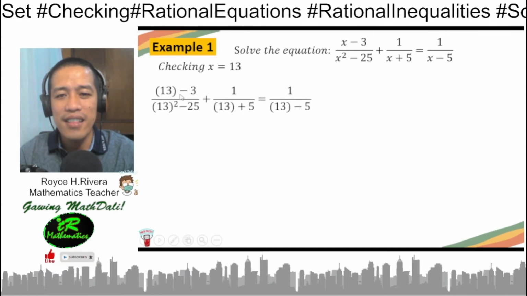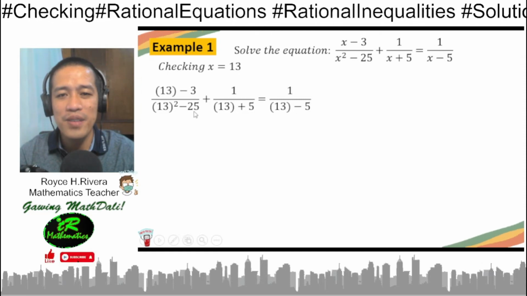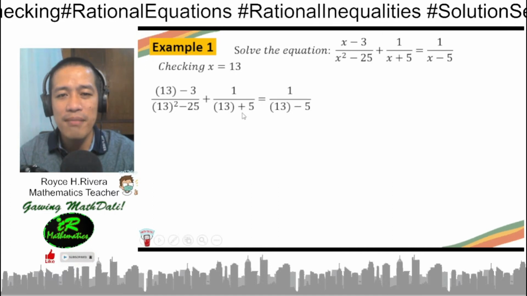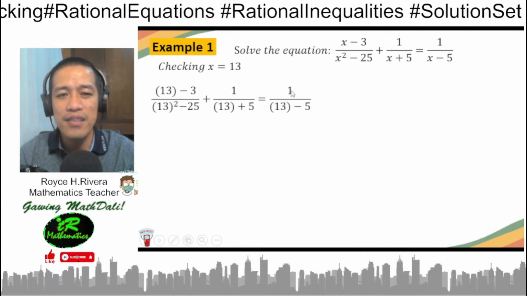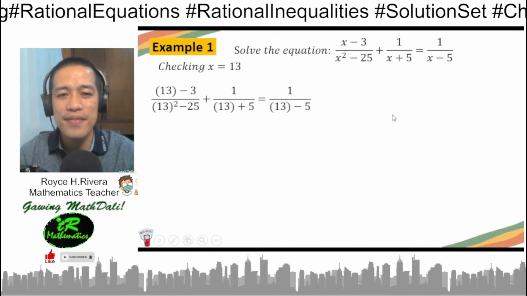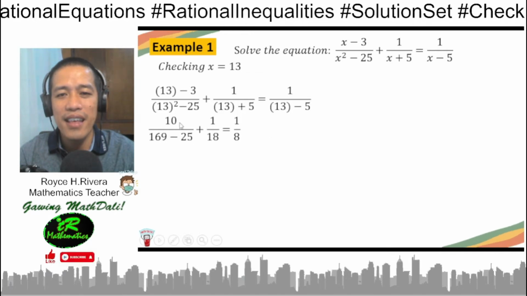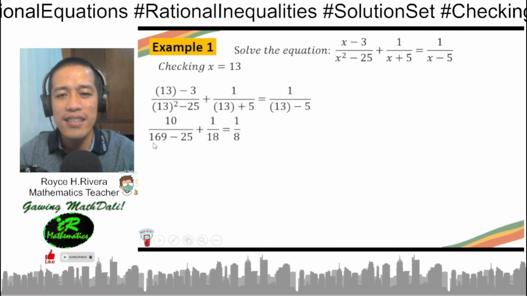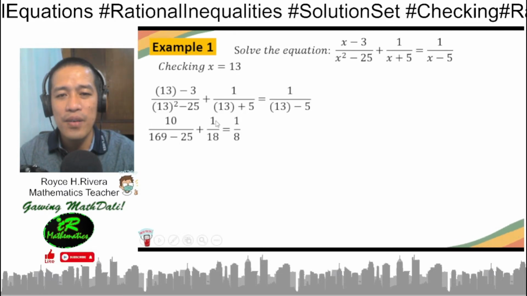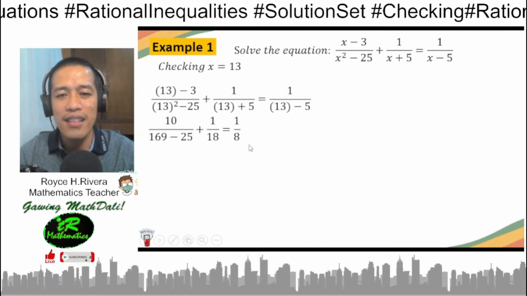We get 13 minus 3 all over 13 squared minus 25 plus 1 over 13 plus 5 equals 1 over 13 minus 5. Now we evaluate. We get 10 over 169 minus 25 plus 1 over 18 equals 1 over 8.